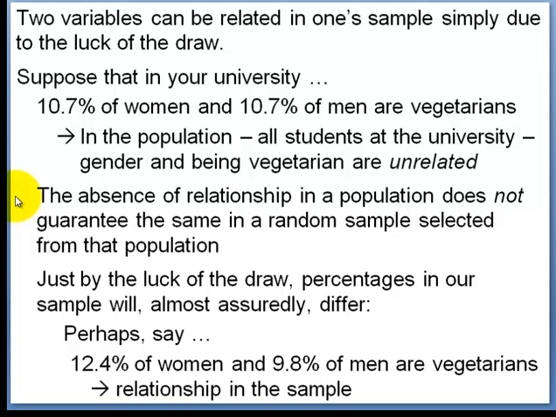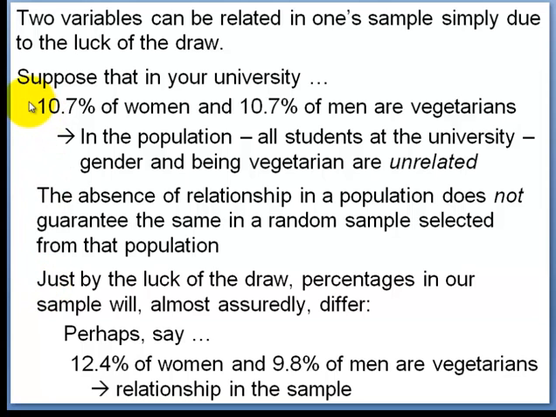So one could have absence of association in a population, but due to the luck of the draw, one could indeed have relationship in the random sample selected from that population.